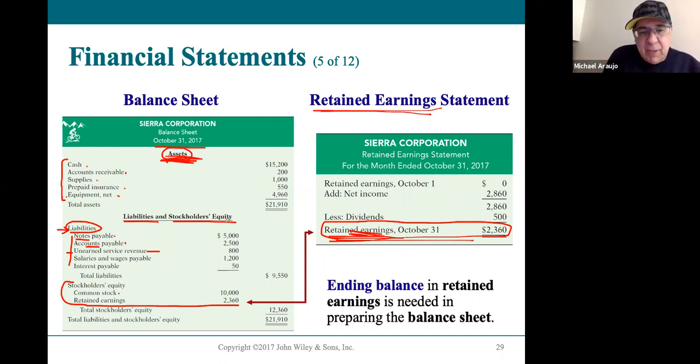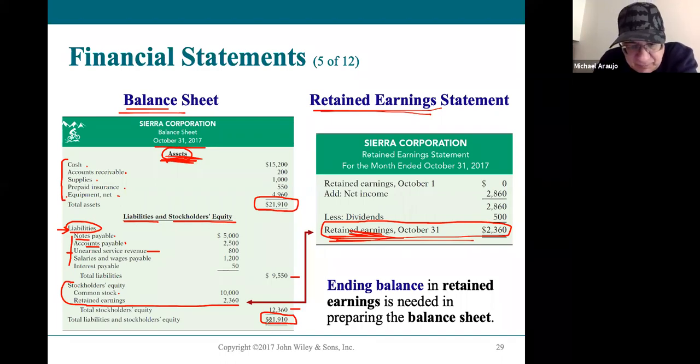So I want you to notice too that it's a balance sheet. So what's going to balance? Well, the total amount of your assets needs to balance with the total amount of the liabilities and stockholders' equity. Notice the total liabilities are listed here. Total stockholders' equity is listed. Those two added together give you the $21,910, which is exactly the amount of your total assets.